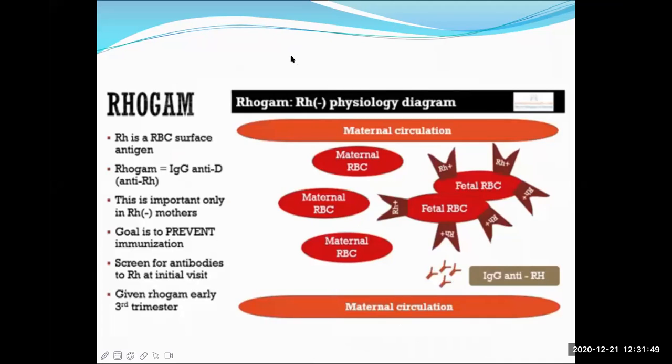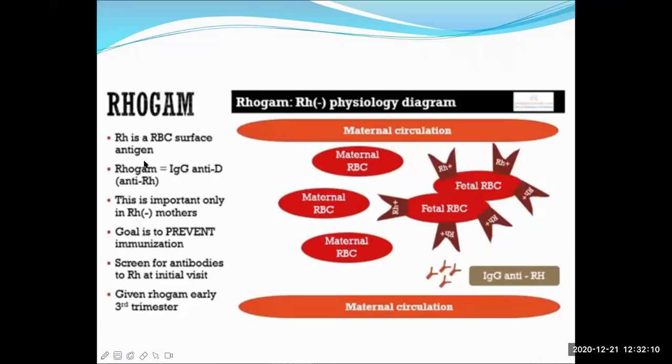Now, what is happening? Just try to understand. This antibody will bind with this antigen. This is RH positive RBC. So this is antigen, this is the antibody. So they'll bind and they'll destroy this fetal RBC before they can cause any problem in the maternal circulation. This is the principle of ROGAM.